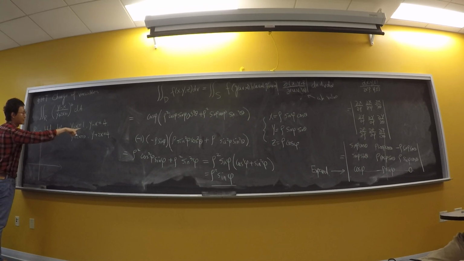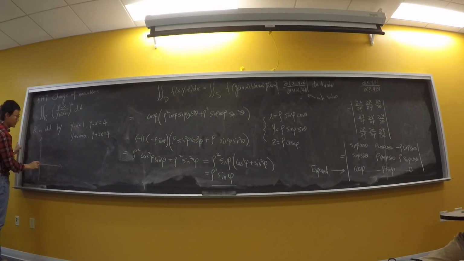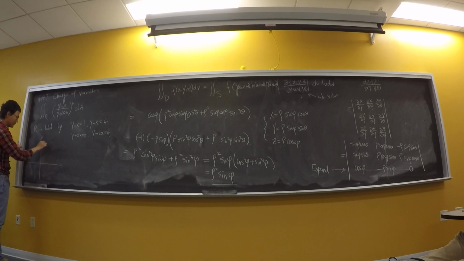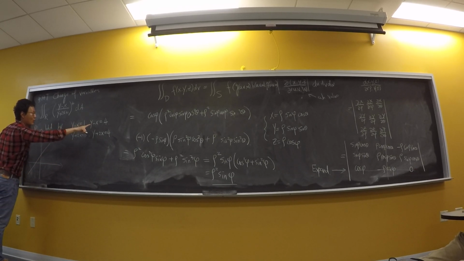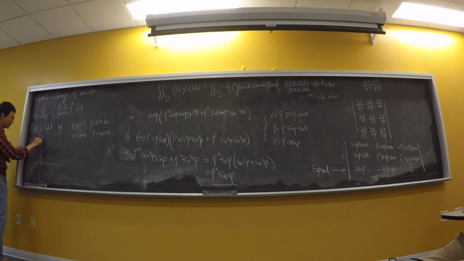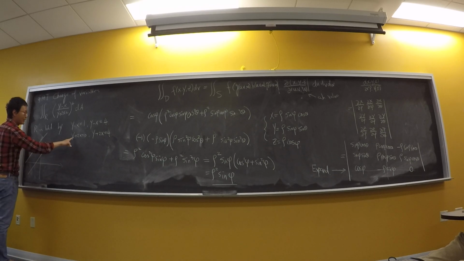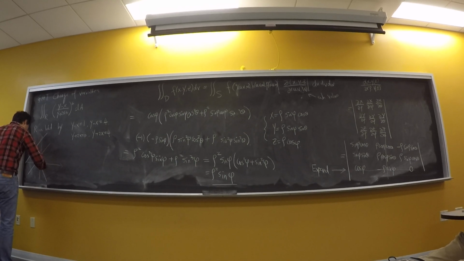So y minus x is equal to 1, so y is equal to x plus 1. So it's going to be 0, 1. This is the line. And this is y is equal to x plus 4, so it's 1, 2, 3, 4, so this is the line. So y is equal to minus 2x, so it's going to be minus 2x right here.